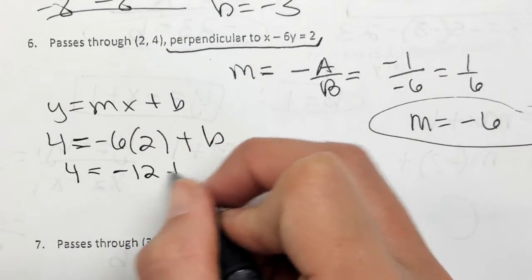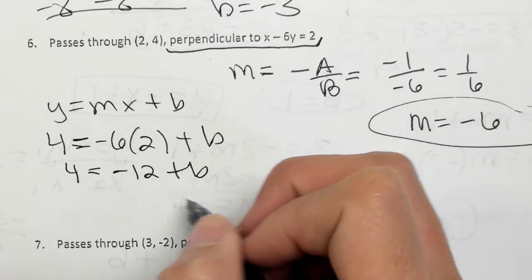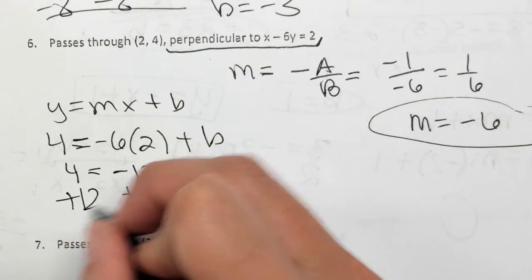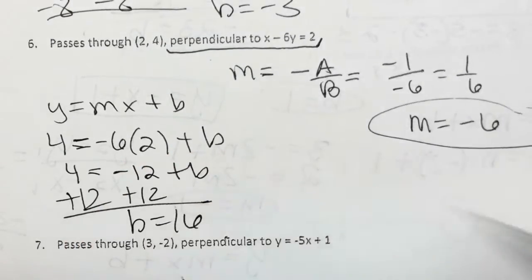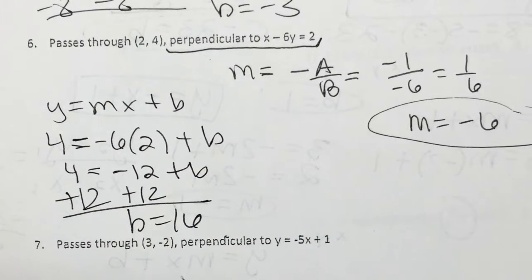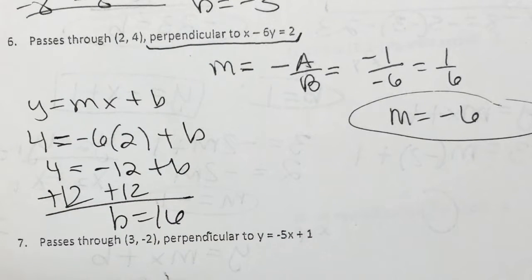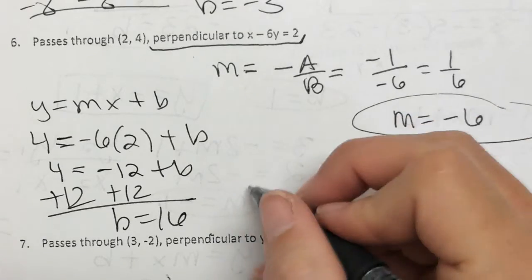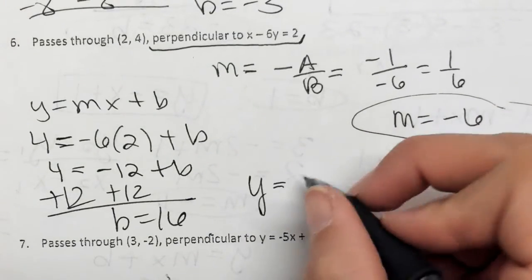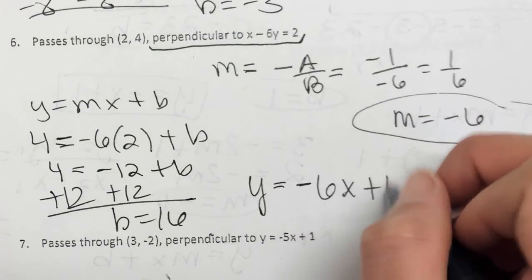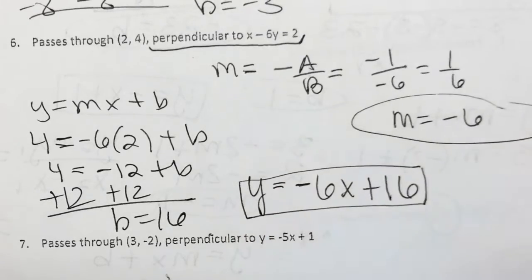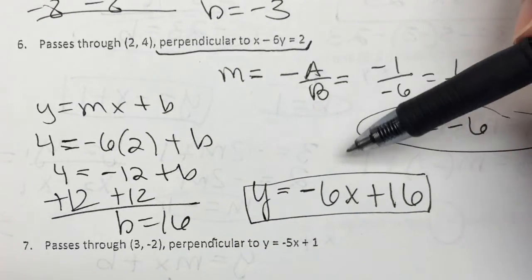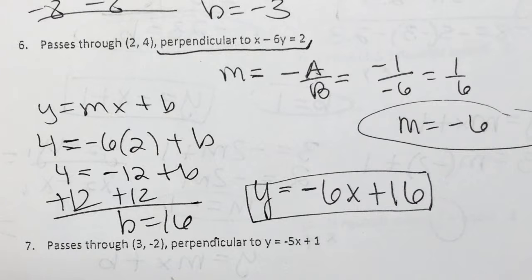Negative 12. Good. And then to solve for b? Add. Good. And b would be what? 16. Good. So, Sierra, tell me my final equation. Good. That's the slope, or excuse me, the equation that is perpendicular to this one. Any questions about those two?